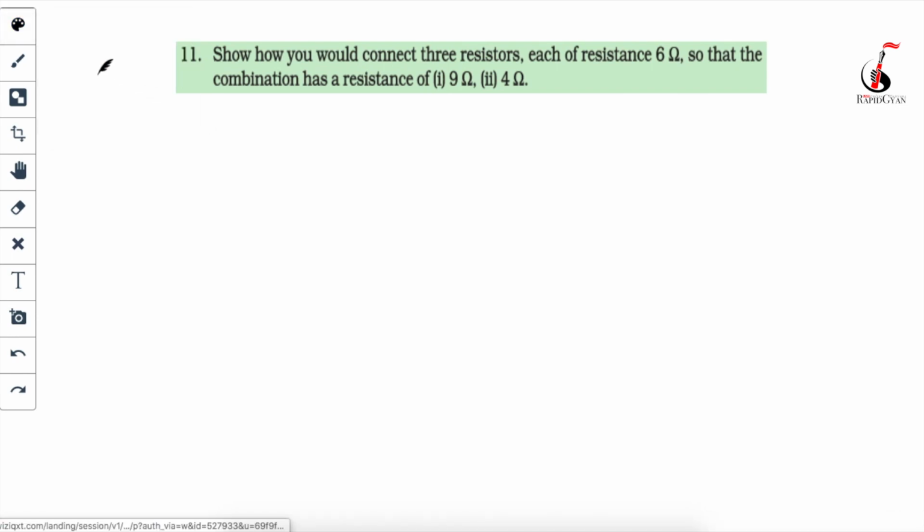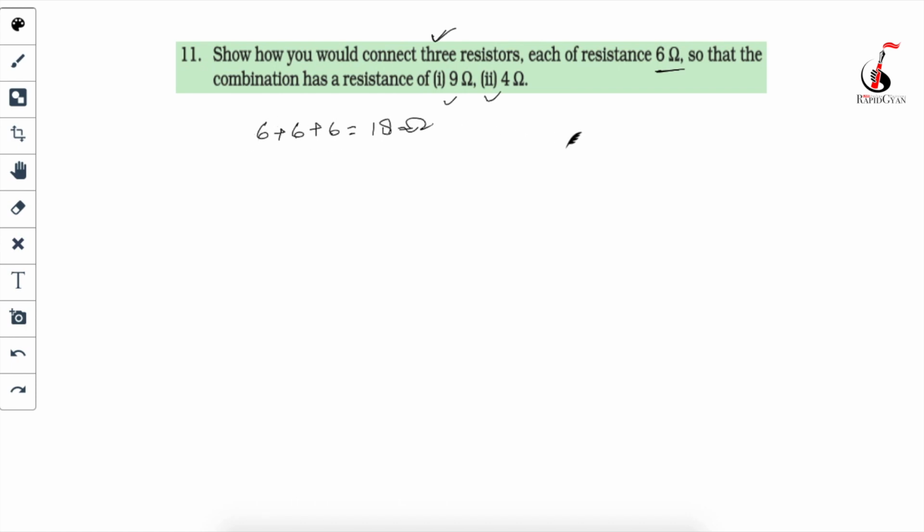First we will try to connect everything in series and everything in parallel to check whether we get our answer. Each resistance is 6 ohm and there are 3 resistors. If I connect in series, this is 6 plus 6 plus 6, which is 18 ohm, which does not satisfy any of my conditions.